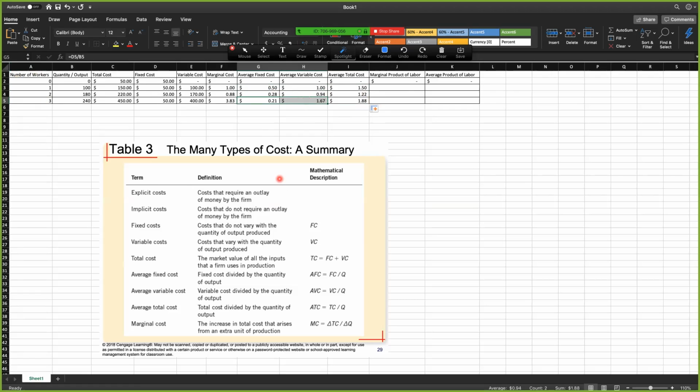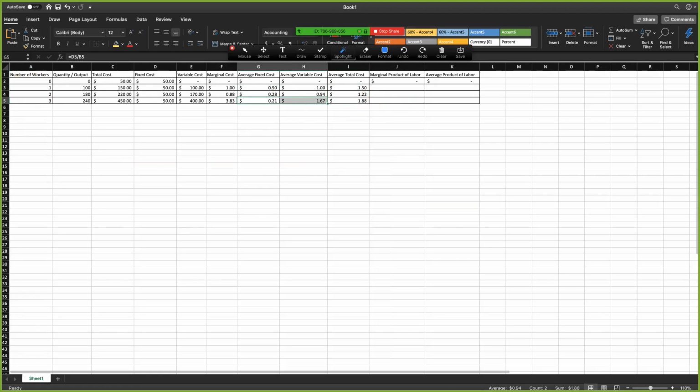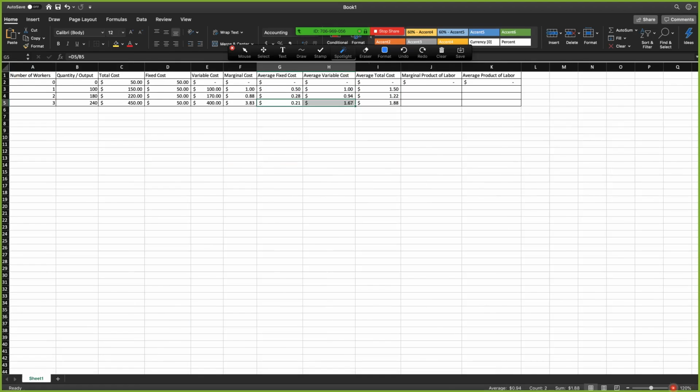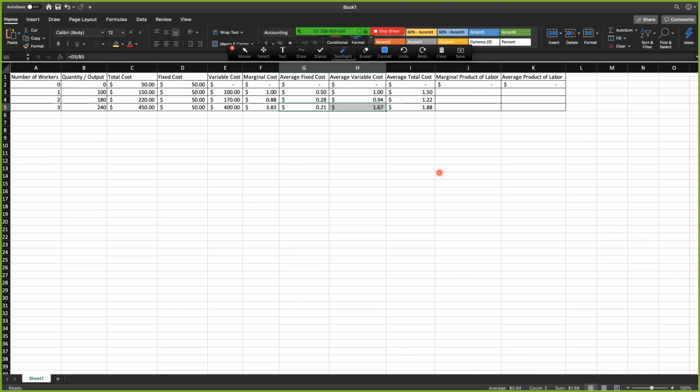So the number of workers. We have the marginal product of labor. The marginal product of labor is effectively the change in quantity or change in output over the change in labor. In this case, it's going to be the change in quantity, moving from 0 to 100, so that's 100 units of new production.